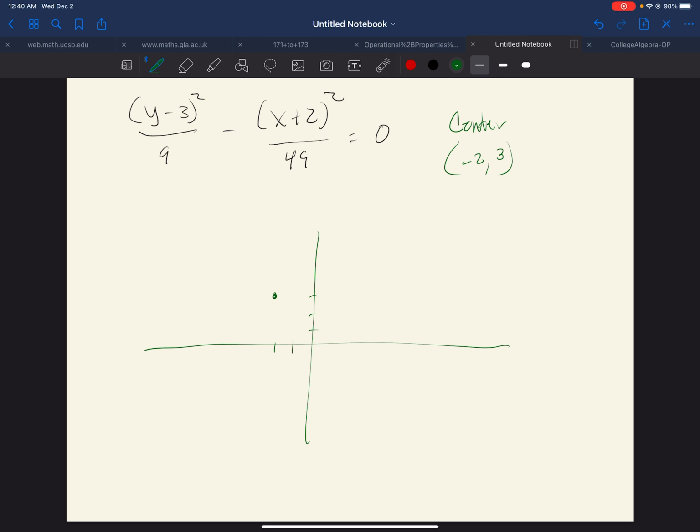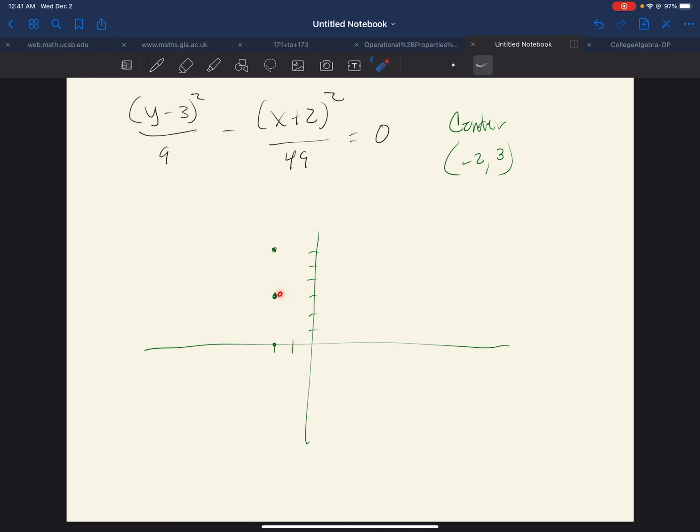Okay, so now I'm going to look under the y, and the square root of that number is 3. So I'm going to go 1, 2, 3 up, and 3 down puts me on the x-axis. That's kind of cool. And then we look at what's under the x. That's 49. Square root of that's 7.